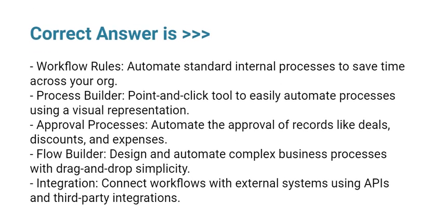Point-and-click tool to easily automate processes using a visual representation. Approval process. Automate the approval of records like deals, discounts, and expenses. Flow Builder. Design and automate complex business processes with drag-and-drop simplicity. Integration. Connect workflows with external systems using APIs and third-party integrations.